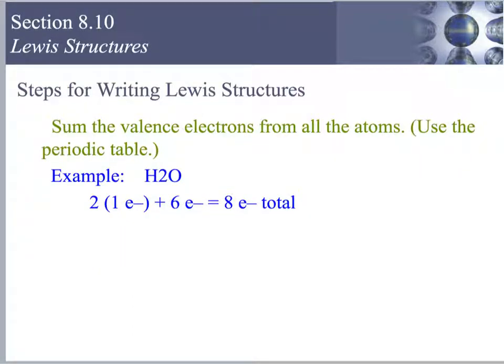So to pick a simple case, if we are looking at the Lewis structure for H2O, we have 2 valence electrons, 1 for each hydrogen, and then we have 6 for oxygen. And you can get that quickly from the periodic table: hydrogen is in the first column and oxygen is in column 16. So if you take that second number, the 6, then that gives you the valence electrons. So that means that we have 8 total valence electrons.